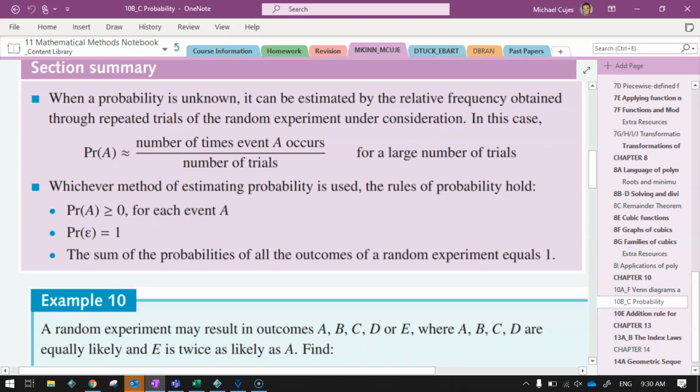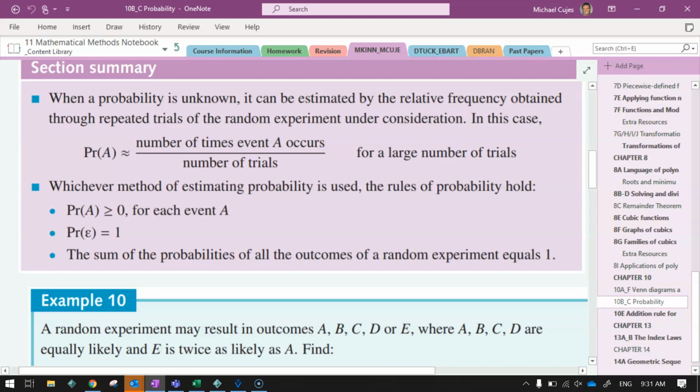In some instances, we cannot calculate a theoretical probability because we're interested in things which can't be analysed in that way. If it's a roulette wheel or rolling a die or tossing a coin, yep, we can use theoretical probability. If it's what's the likelihood that the next person through the drive-through at McDonald's orders a hash brown? Well, that's not an event we can use theoretical probability for, but what we could do is use past history.